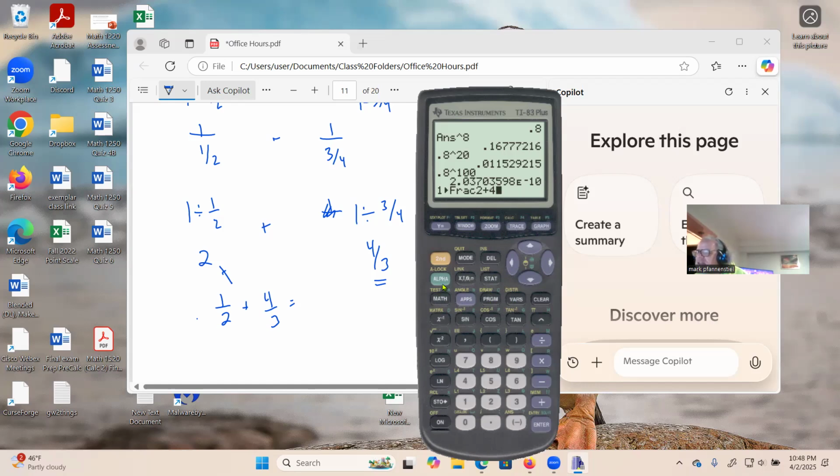Let's see, I just had it. There it is. Oh, so fraction 4/3. Okay, so that's how we do that. Add those guys together. We'll do it the slower way. Yes, there's a slower way.